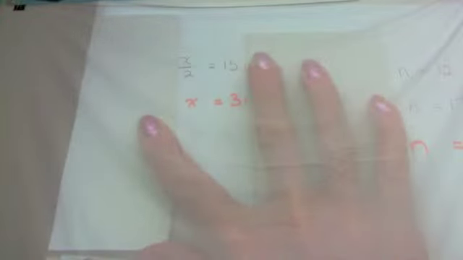All right, so let's go up here. This is the old way of writing it. We have x over 2 equals 15. What would I do to both sides? I would multiply both sides by 2 because I have a 2 in the denominator, so I want to put it in the numerator so they cancel.